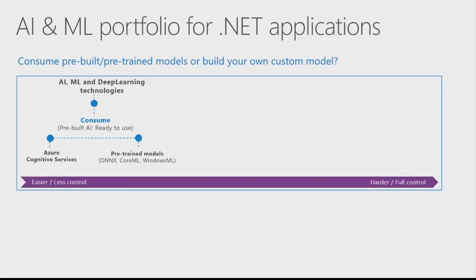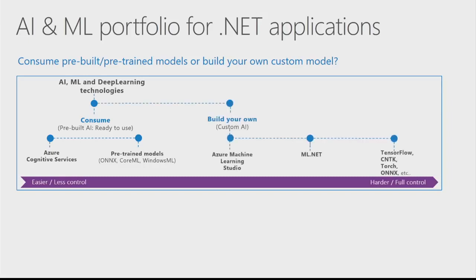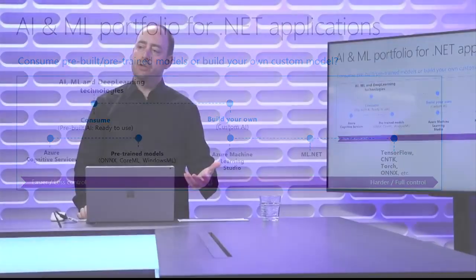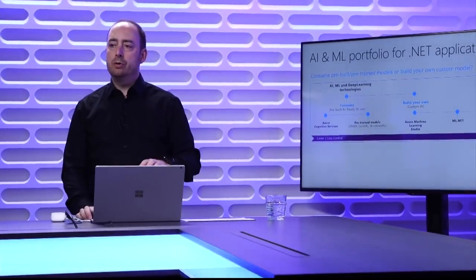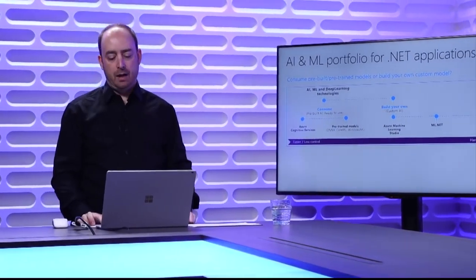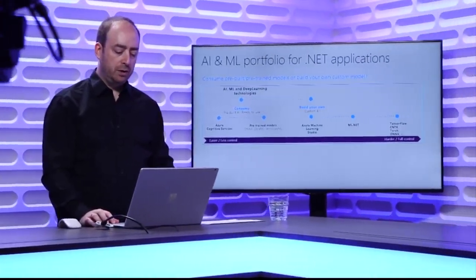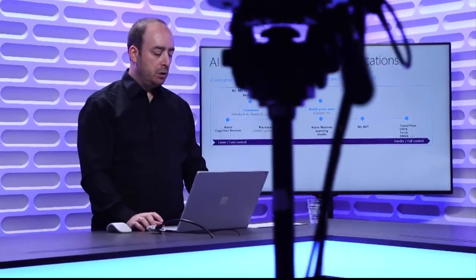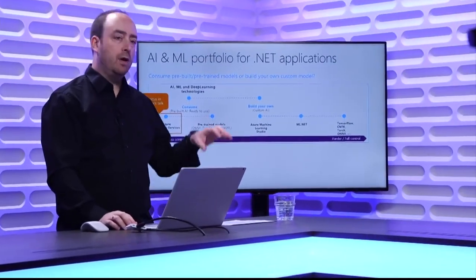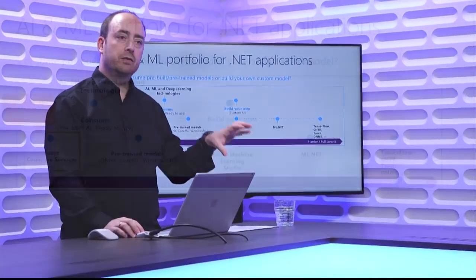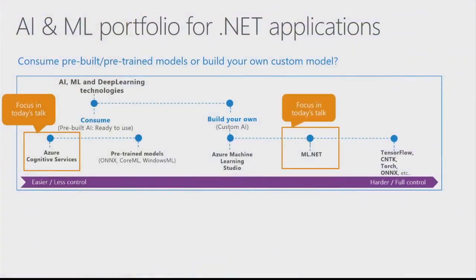But you can go further because you can also create your own AI, your own machine learning models. For instance, we have multiple choices. You could use Azure Machine Learning Studio, or you could use ML.NET, or you can also use other deep learning technologies like TensorFlow, CNTK, or Torch, right? For today's session, I'm going to be focusing on cognitive services and also on ML.NET.